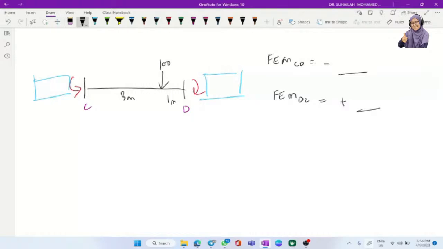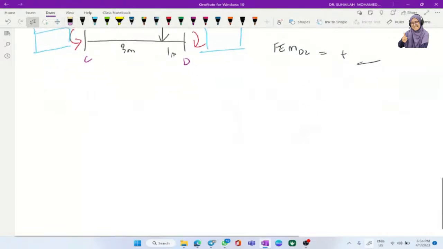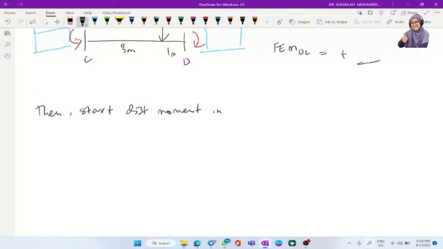Okay, so after we have calculated all the fixed end moments and distribution factors, then we can start to distribute moment in the distribution table.